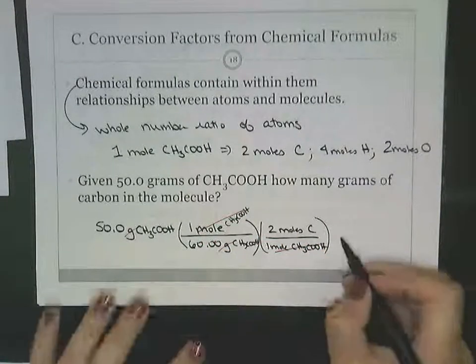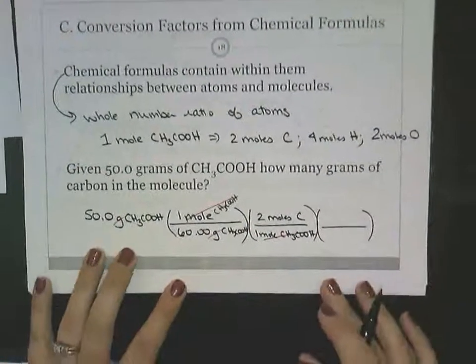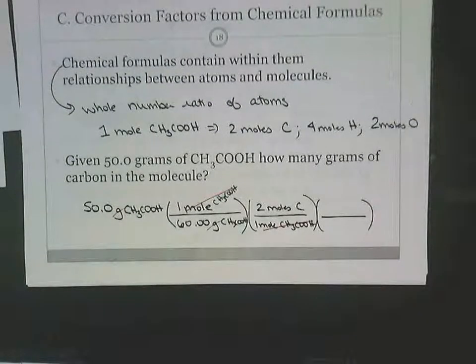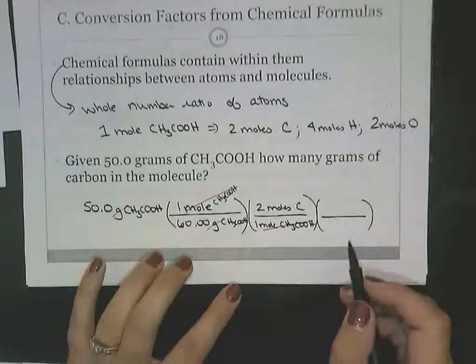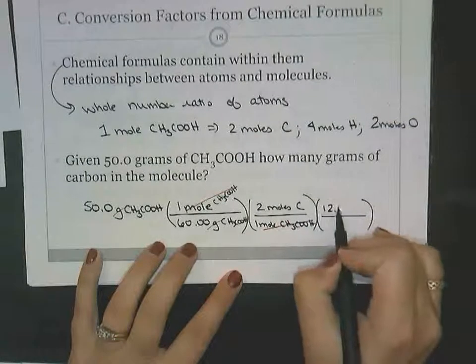Okay, what's the last thing I have to do? Now I'm in moles, but I want to end up in grams. So what relationship do I know about carbon? It's molar mass, right? So it is 12.01 grams for every 1 mole.